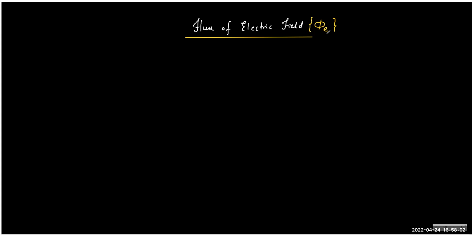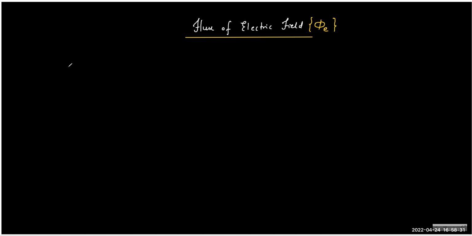Now we'll try to understand the flux here. Before we study the flux, let's get some intuition, the intuitive idea of flux. The concept of flux is always related to some surface or some boundary. When something crosses a boundary, it generates flux.